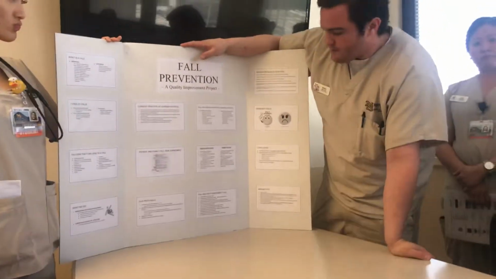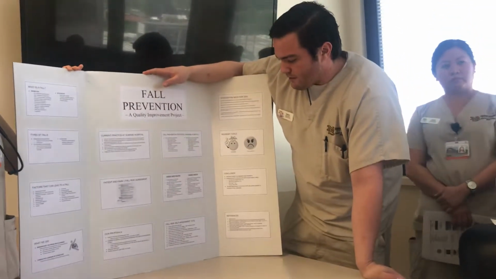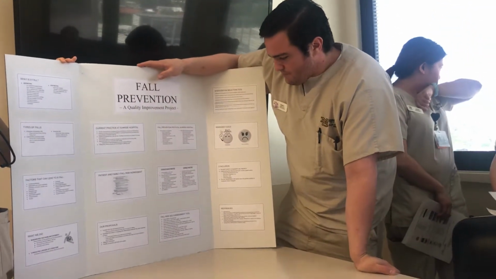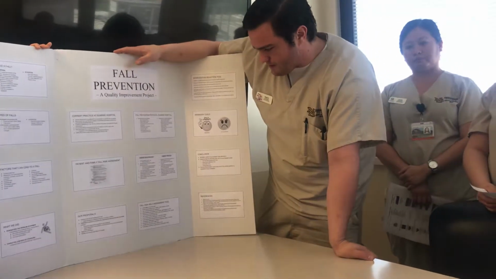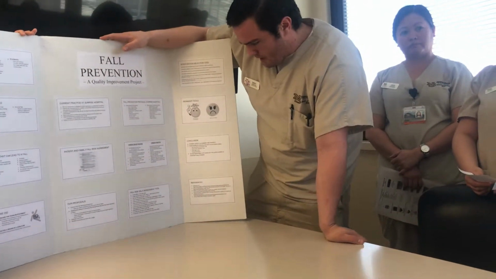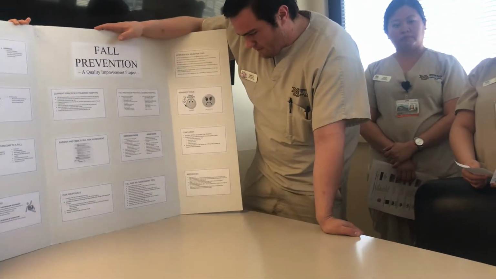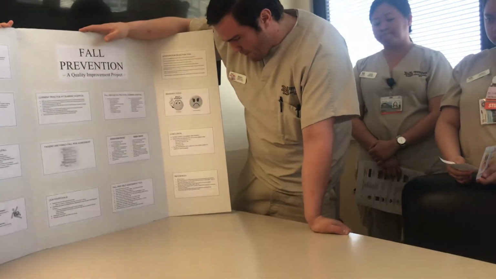Well, they're more statements. I have fallen in the past year. I walk around using a cane, walker, or other assistive device. I do not feel as strong as I usually do. I take medicine that makes me feel dizzy, lightheaded, or tired. I have to use my hands to push or hold on to something when I get up. I am worried about having a fall.